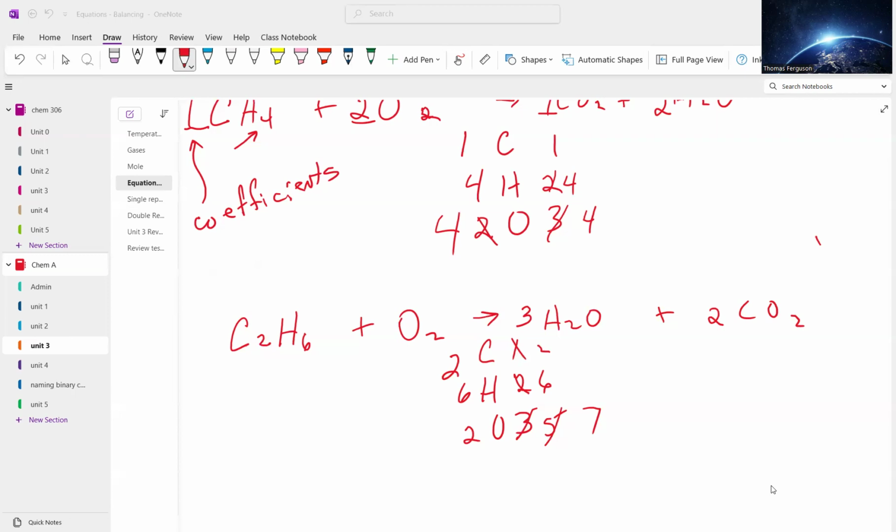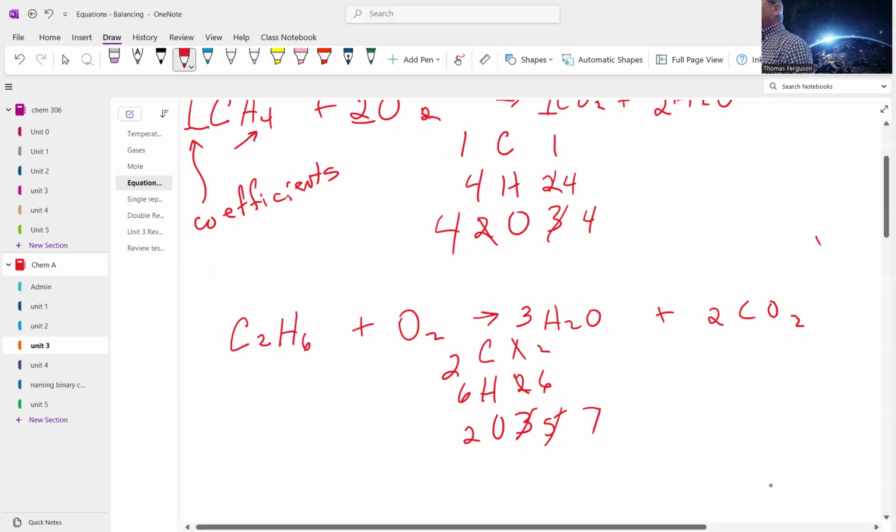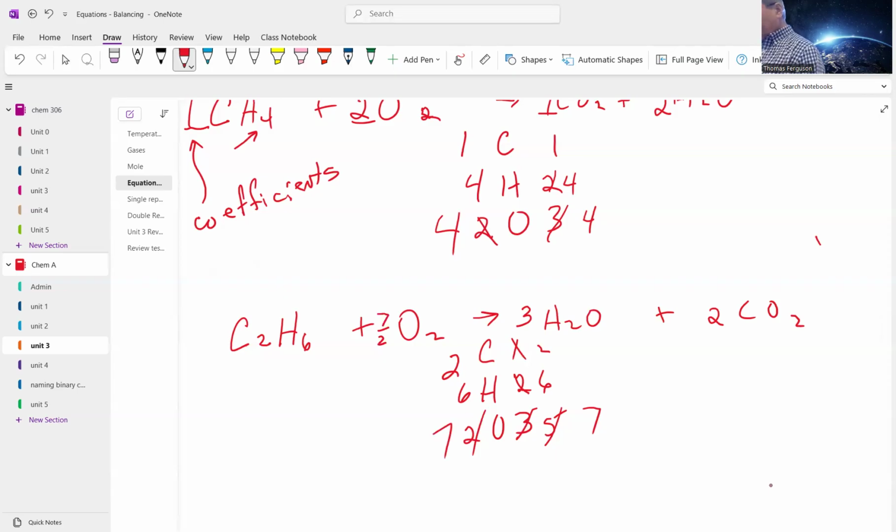So instead of 3.5, we're going to make it 7 over 2. 7 over 2 times 2 is 7.